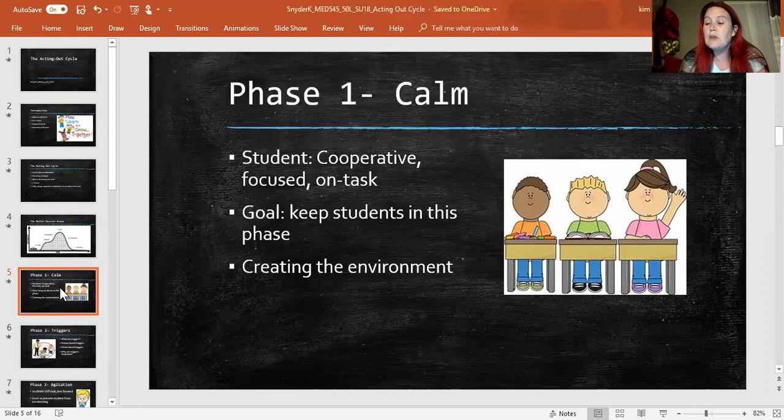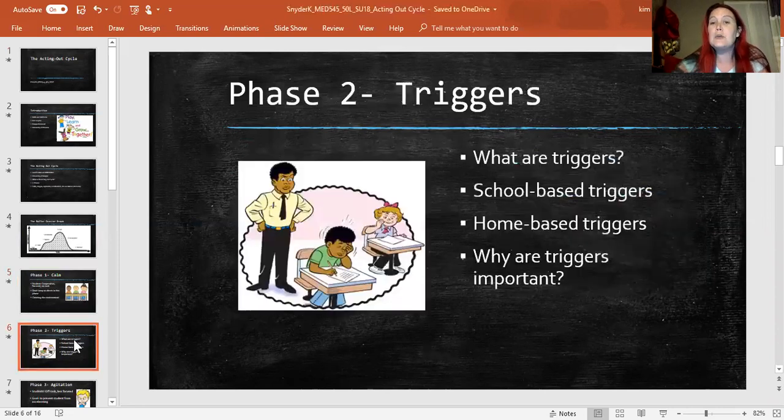Giving a student the right type of attention at the right time can avoid behavior problems. But when they cannot be avoided, the next thing to do is figure out what triggers those behaviors. And that brings us to phase number 2, triggers.